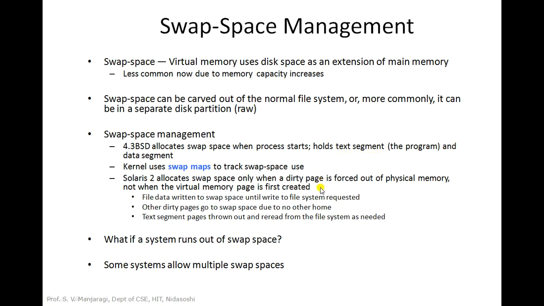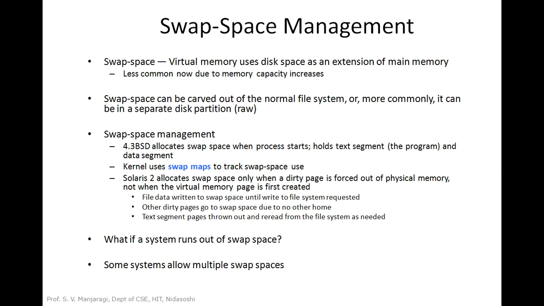So there are some questions arising here. What if the system runs out of swap space? If there is no space in the main memory, we go to the swap space where the processes are kept. If the swap space is full, what then? There are two options in case the swap space is full.